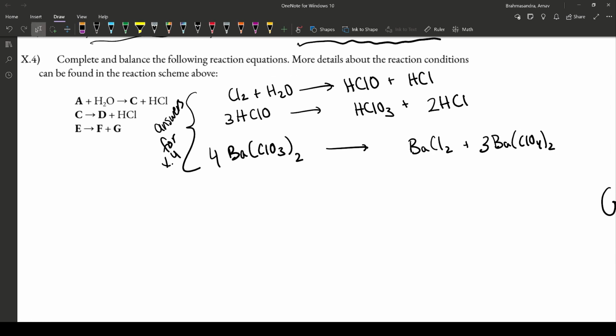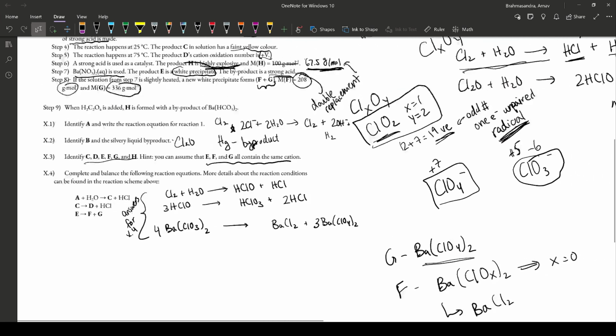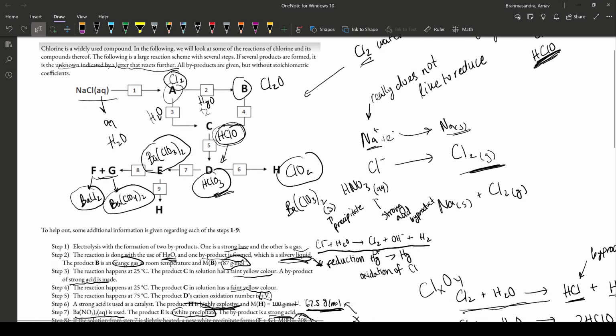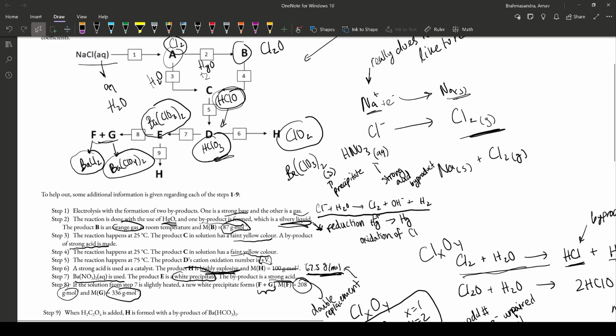Once you knew the compounds, it's just balancing the atoms on both sides, which isn't super difficult. I hope this was informative to you. I know this was a little bit of a trivia question, but I hope some of the ways I tried to talk through how you think about these things helped, especially when you're given stuff like molar mass, or what precipitate forms, or that HgO is forming a silvery liquid and you can guess that that's going to be Hg.